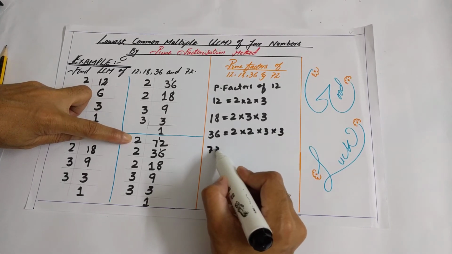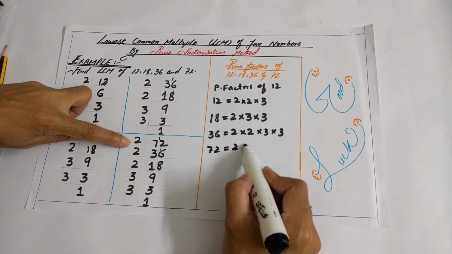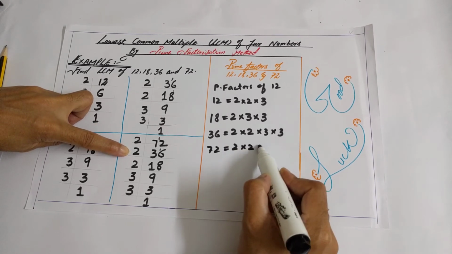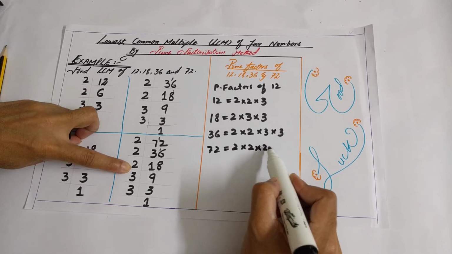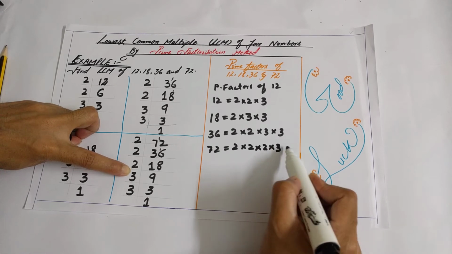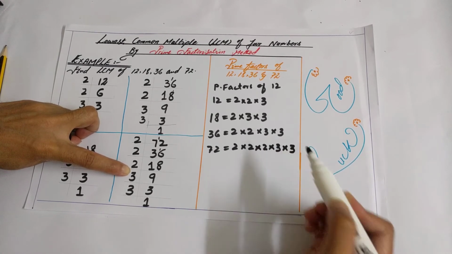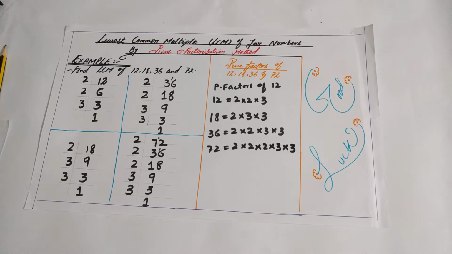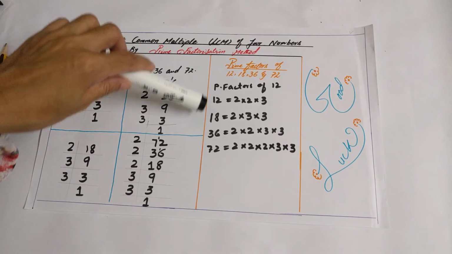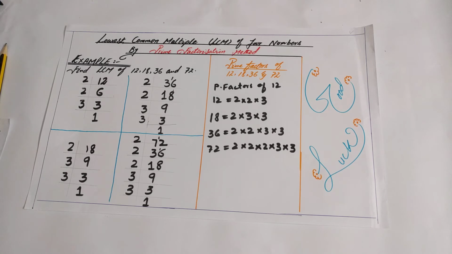Prime factors of 72. 2 multiplied by 2 multiplied by 2 multiplied by 3 multiplied by 3. These all are the prime factors of the given numbers.